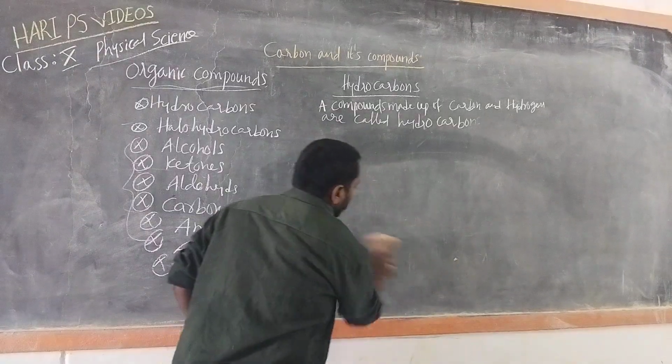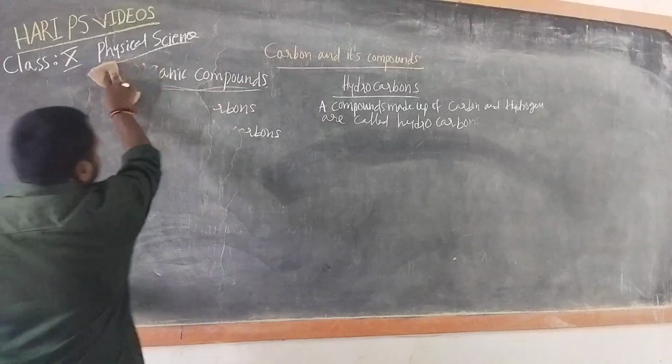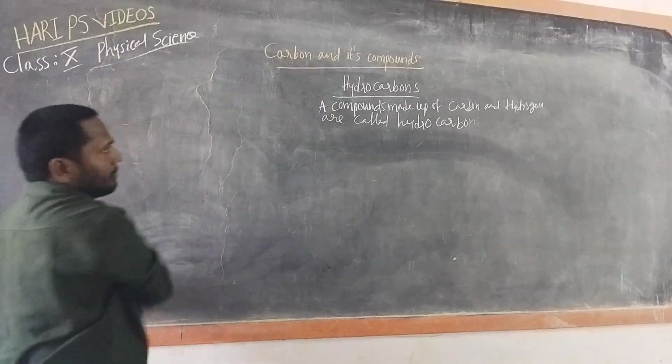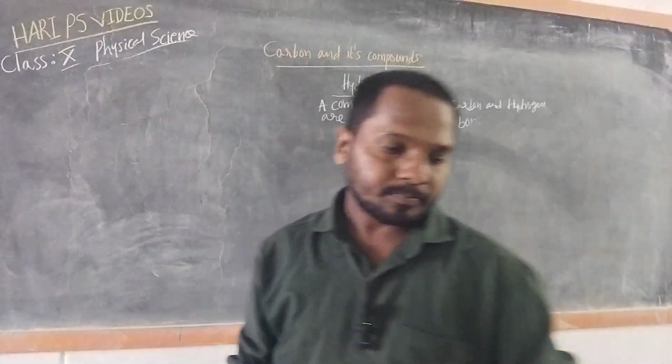There are mainly two types of hydrocarbons: saturated hydrocarbons and unsaturated hydrocarbons.